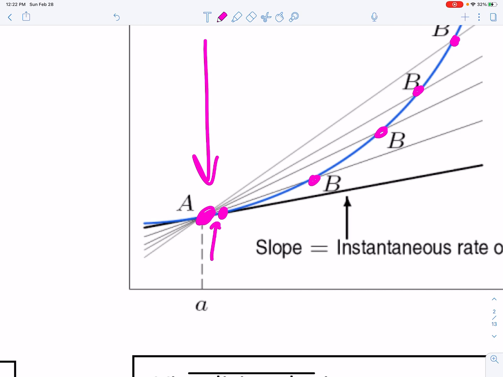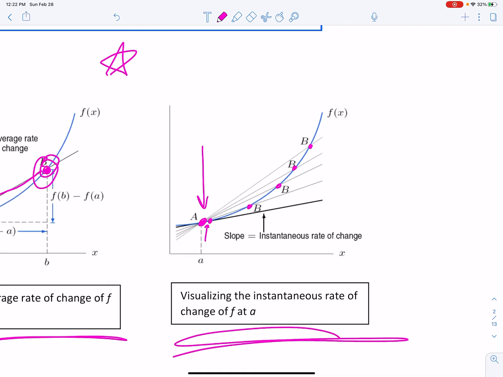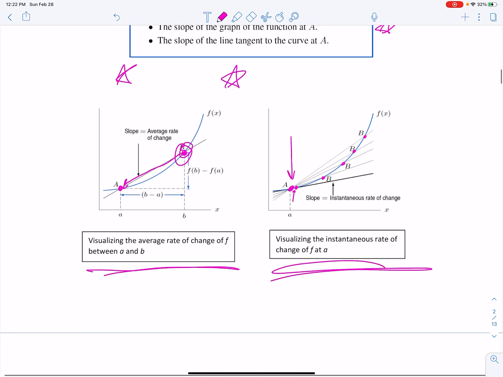We can still calculate a slope. But that gap is so incredibly infinitely small, the difference does not make a difference anymore. Okay, it's such a good representation because it's so incredibly close to that point. Okay, that's what we're doing here when we find the derivative.